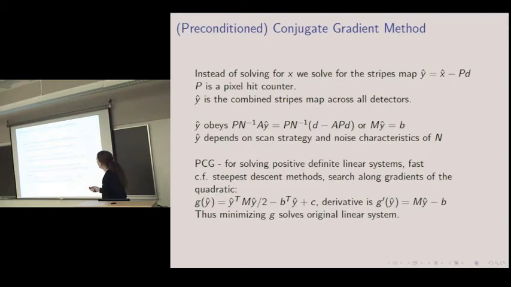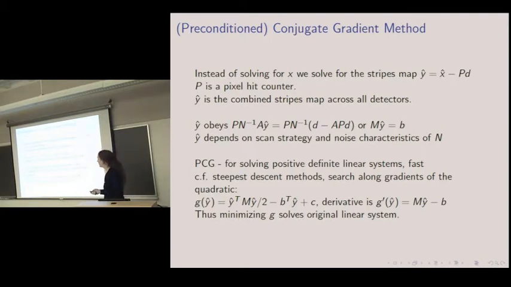So y is a combined stripes map, which is summed across all detectors every iteration, so that you have the current iteration of the stripes map. The stripes map y obeys this equation here, which is of the form M y equals b, which we can then input into our PCG method. And y now depends on only the scan strategy and the noise characteristics of the noise covariance matrix.